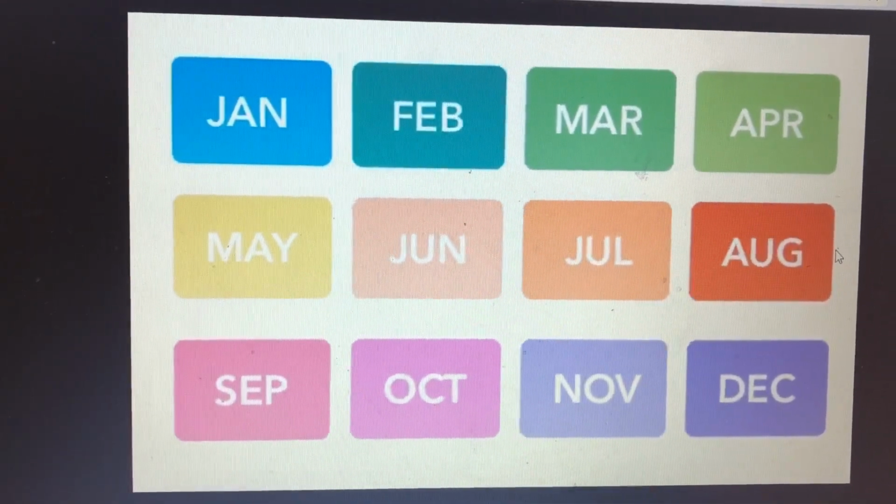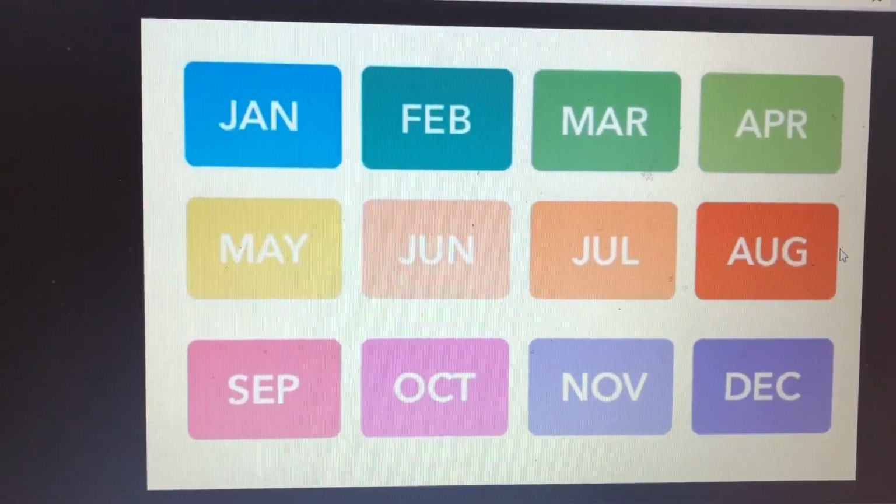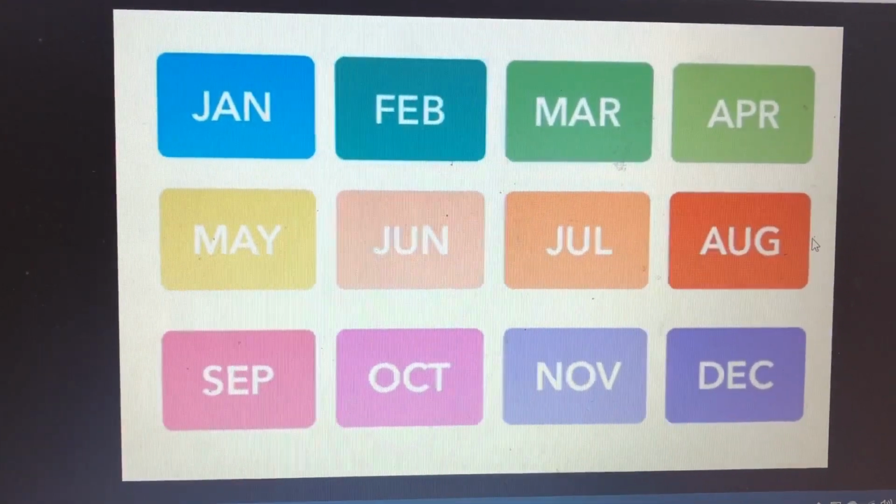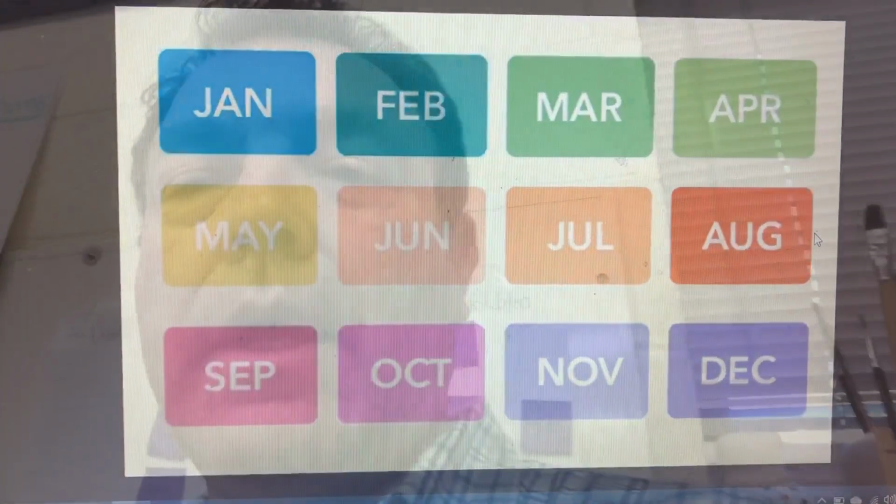So one month, January, another month, February, March, April. That's another pattern. And months usually last 30 or 31 days, except for February, which sometimes is 28 and sometimes is 29. And it has to do with the moon, right? One whole trip of the moon around the Earth is around 28 Earth days.